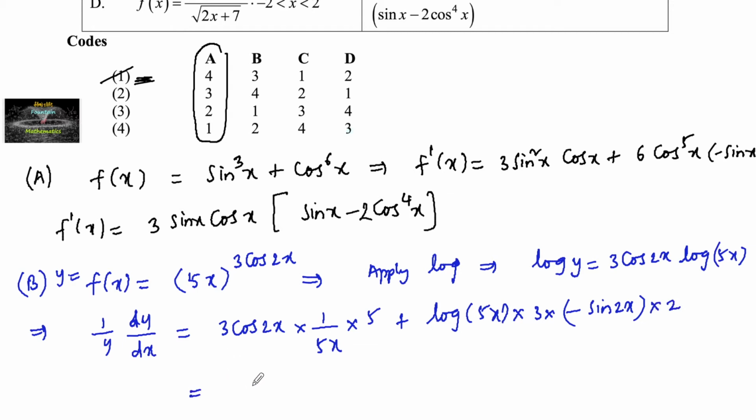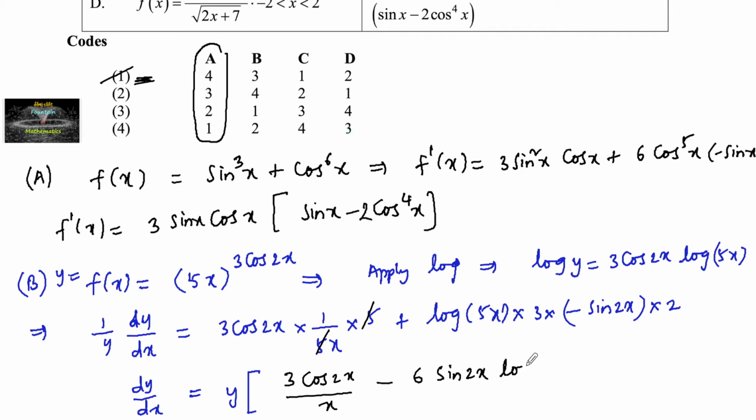So we can write this as dy by dx is equal to y times of, and here 5 and 5 get cancelled, and this is 3 cos 2x upon x minus 3 2s are 6 times sin 2x into log of 5x.